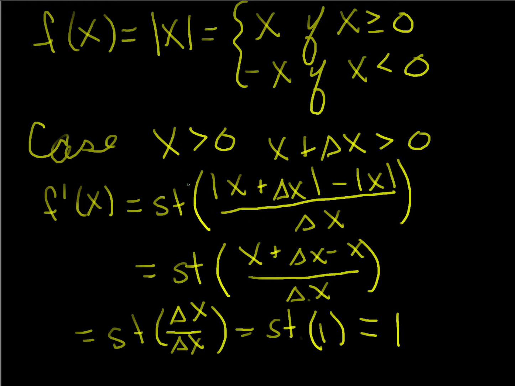So if x is strictly bigger than 0, then any infinitesimal we add to it will still leave it greater than 0. And so the derivative for a positive number will be 1.